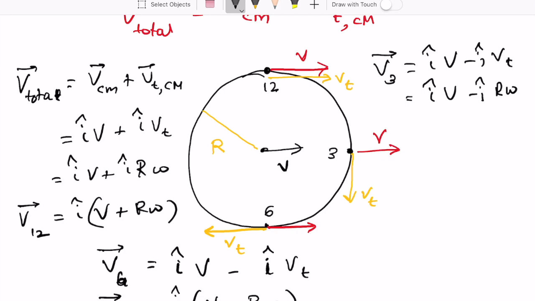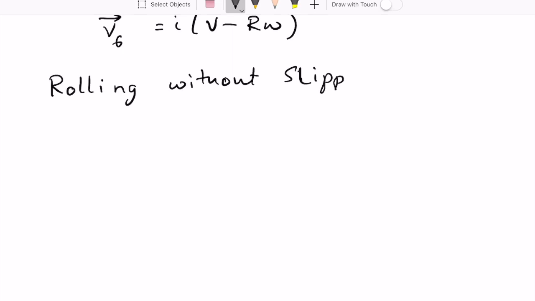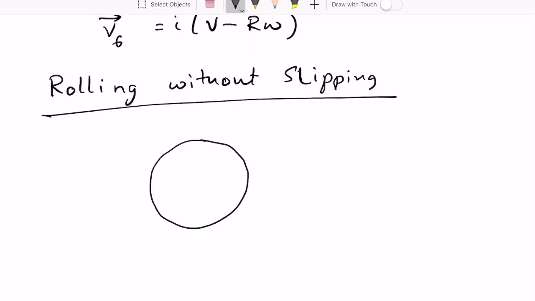All right. So now let's look at rolling without slipping. So hopefully you have a clear idea of what rolling without slipping is. That is the case when some disk or wheel or sphere, anything that can roll, is rolling along the ground, but there is no slipping or sliding between the bottom of the object and the ground, right?